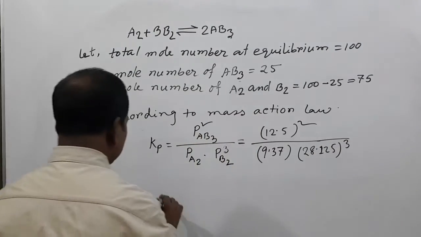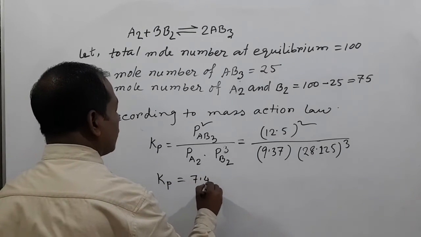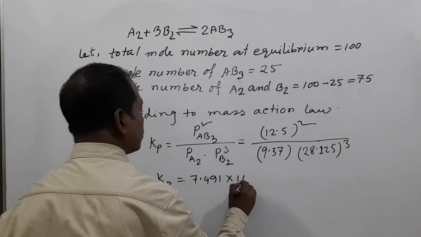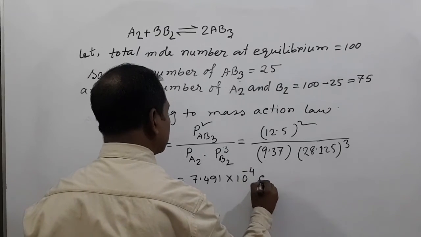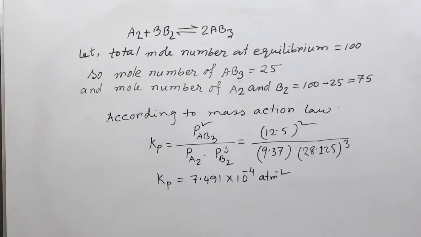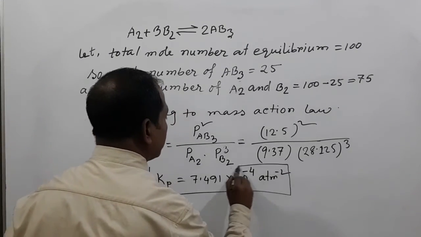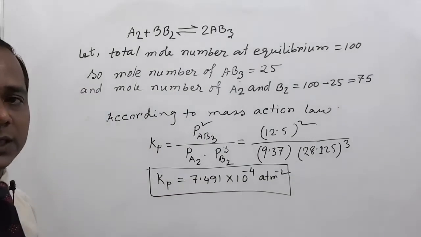My dear students, now we get the answer is 7.491 into 10 to the power minus 4 atmosphere inverse 2. This is the Kp value of reaction 2, my dear students.